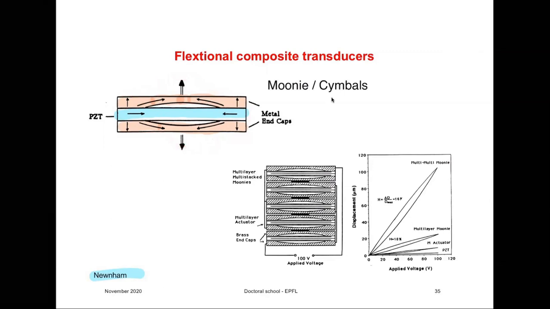To increase that displacement, you can make this multilayer, or you can stack several of these moonies, or symbols, on top of each other. So here you have a pure PZT, and then different types of these moonies, and you see that you can increase the response by maybe 2 orders of magnitude.